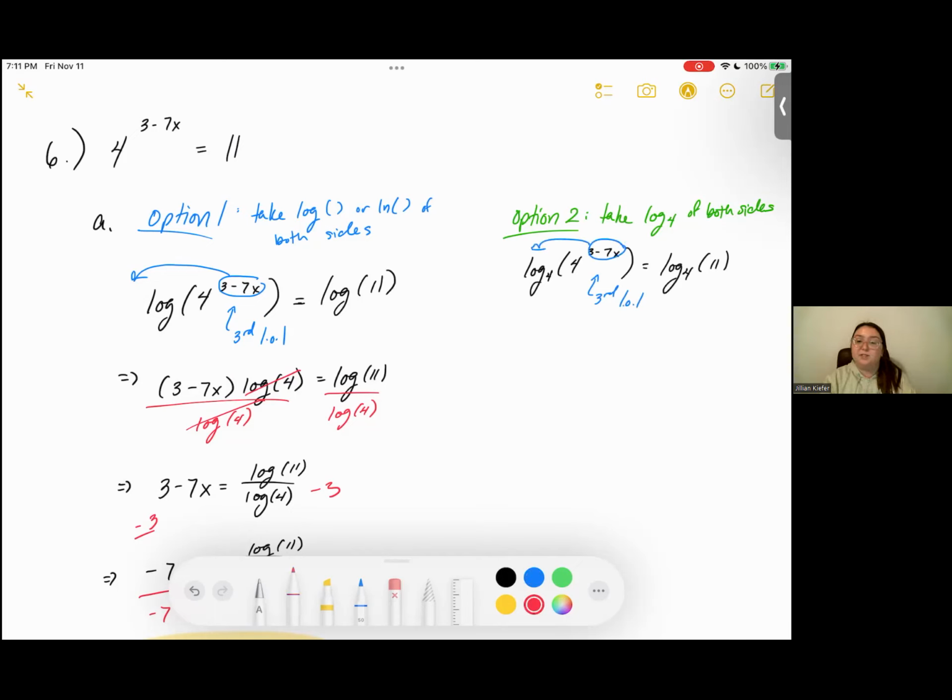So what we see happen is that we bring down that 3 minus 7x times log base 4 of 4, which is equal to 1. So really you just have 3 minus 7x times 1, which is 3 minus 7x.